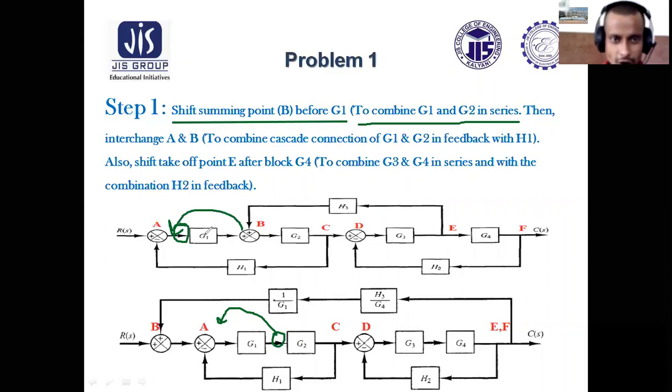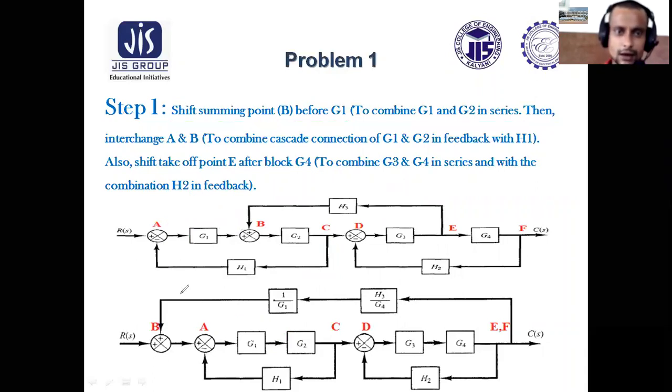But we cannot make a feedback combination of G1, G2 and this H1. Why? Because of the summing point in between. So what we need to do is, first we'll shift this summing point before G1. So now B will be here. Now we'll interchange A and B.